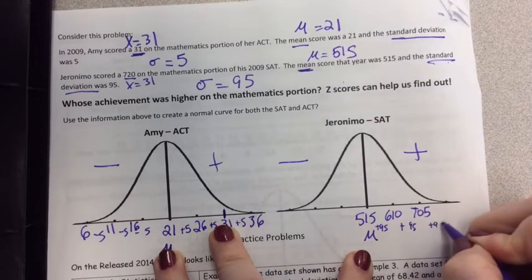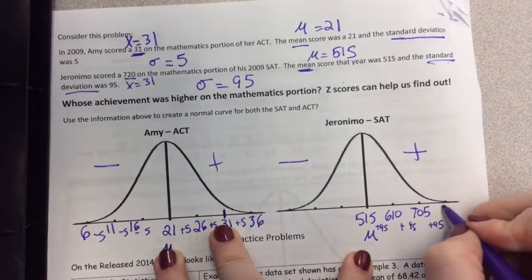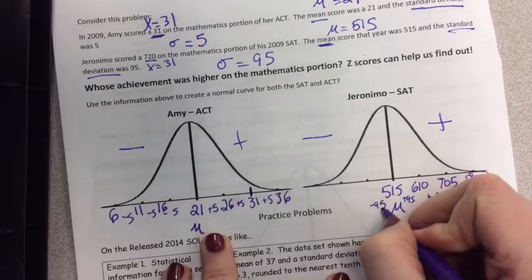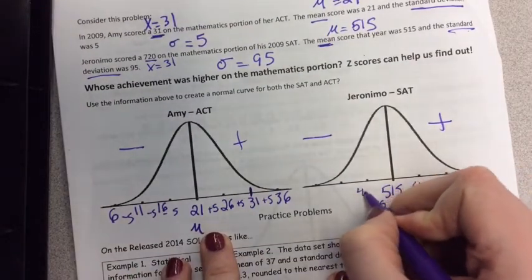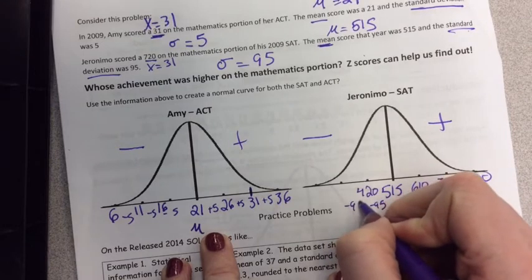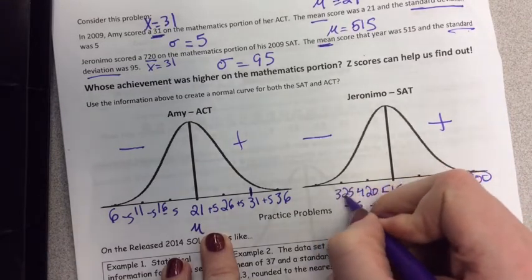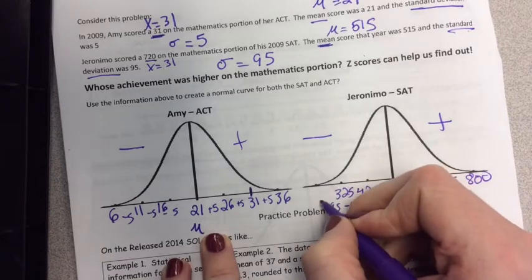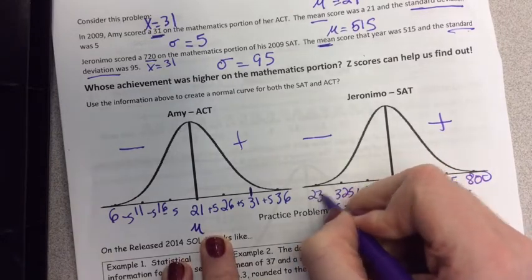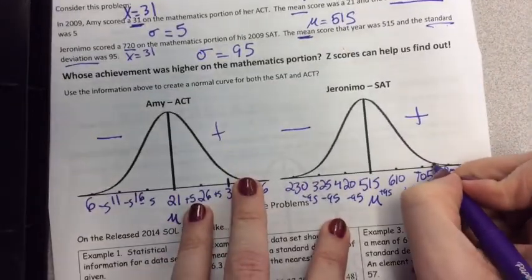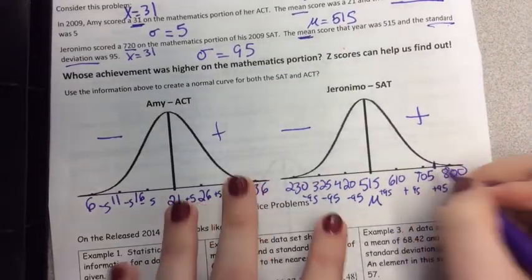Then I'm going to add 95 and I get 800. Here on this side, I'm going to subtract 95 and I get 420. Then I'm going to subtract 95 and I get 325. Then I subtract 95 again and get 230. And it says his score was 720, which would be right here, right above the 705 mark.